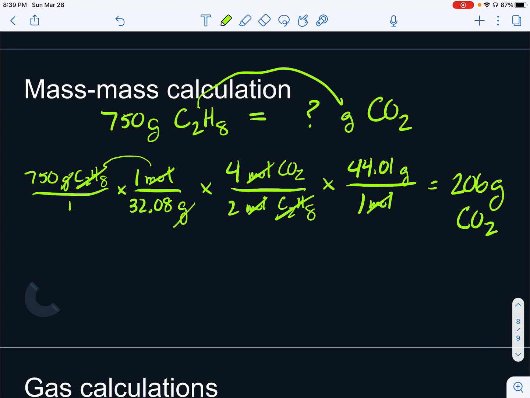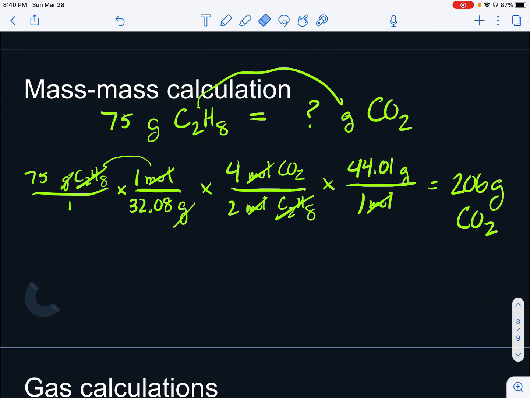And if I do all of that math, I find out that I am going to produce 206 grams carbon dioxide when I combust 750 grams of, no, did I do 750 or 75? I think I did 75. I did the math. 206 grams of carbon dioxide, because that makes sense because carbon dioxide is heavier than ethane, and you also have twice as much of it.